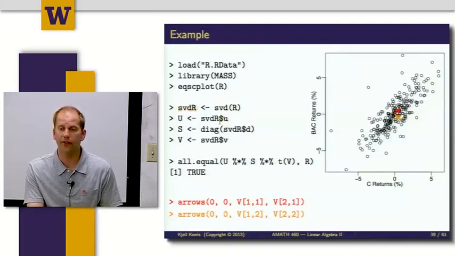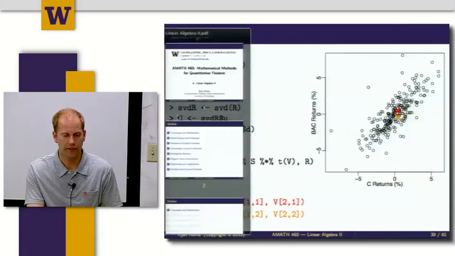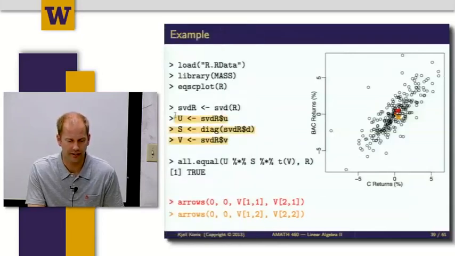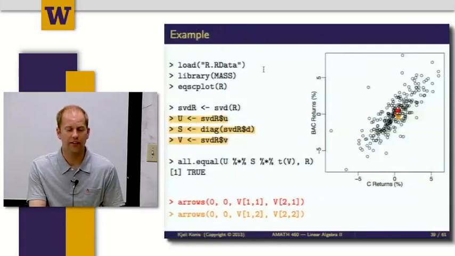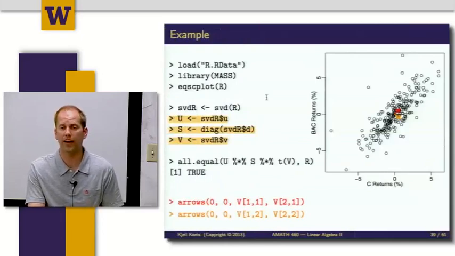The three things that the singular value factorization has are the matrix U, the singular values, and the matrix V. In these next three steps, I'm just plucking out those things that I want from the SVD output.